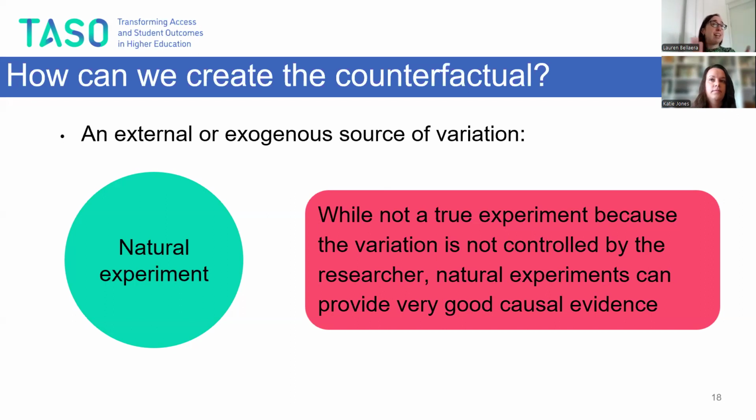Because it's at scale, this gives you a group of individuals who are taking part in the intervention, and then a group of individuals who are not taking part, or who will be taking part at a later time point. This is particularly useful when you have very large data sets and you have that range.